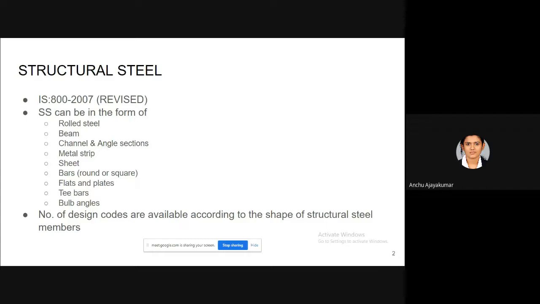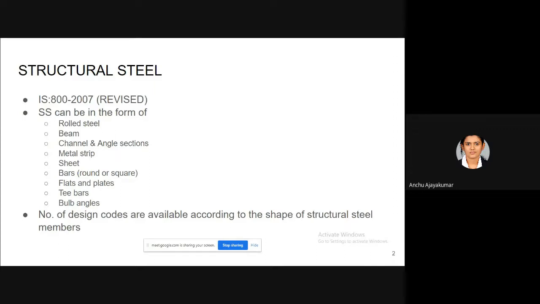You can find some of these structural members in your laboratories, in truss work. According to the shape of the structural steel members, several other codes are also available. But most of the time the question is regarding the Indian Standard Code, so from this slide you can expect a question on IS 800:2007.